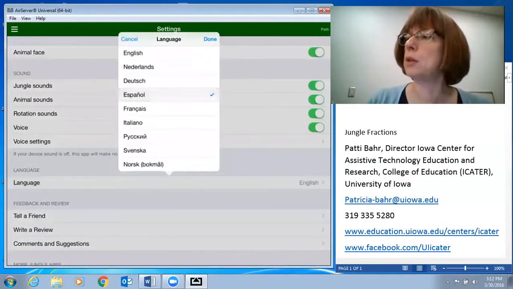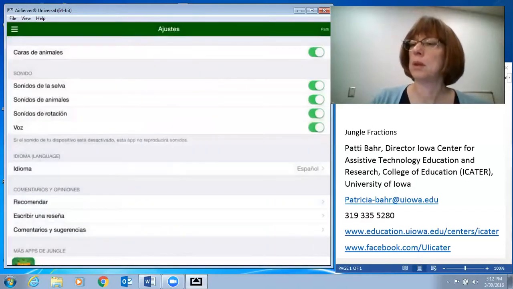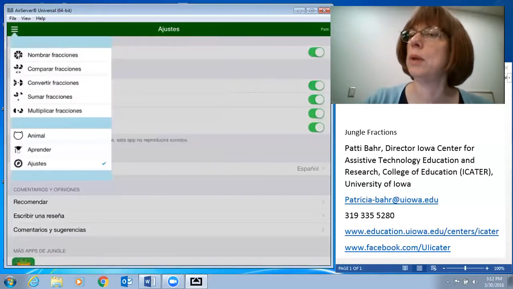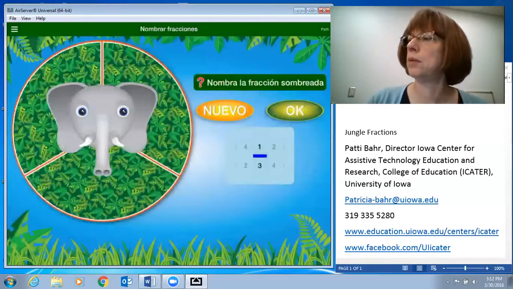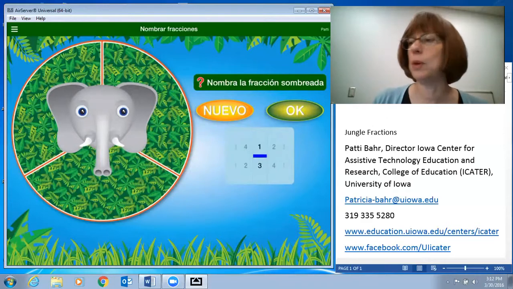Let's just try Spanish, see what it does. Nombra la fracción sombreada. Okay. Let's see if it'll speak to us in Spanish. Nombra la fracción sombreada. Okay, so that's pretty good.